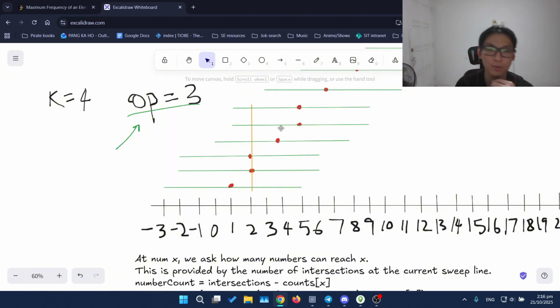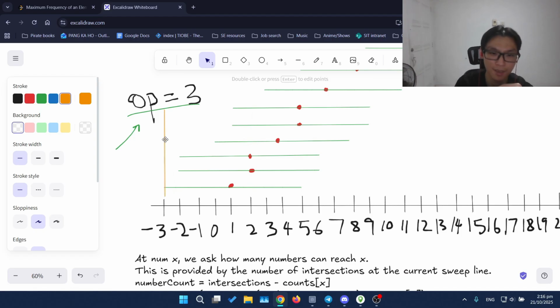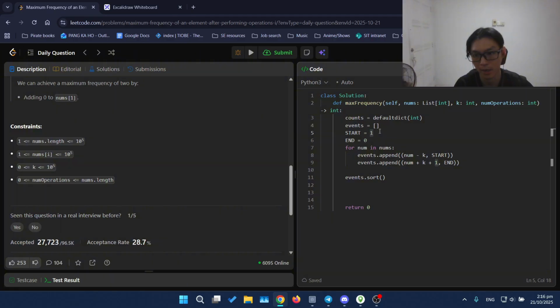Do we just iterate from min x to max x? Is that how we do it? Or can we actually jump? I don't think we can jump. Yep, we can't jump in this case. So we actually have to process from min x to max x.